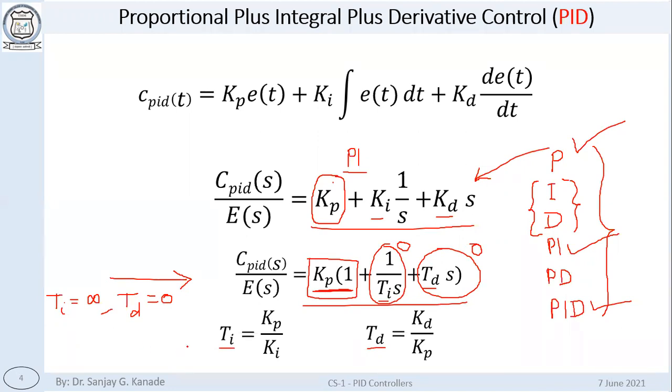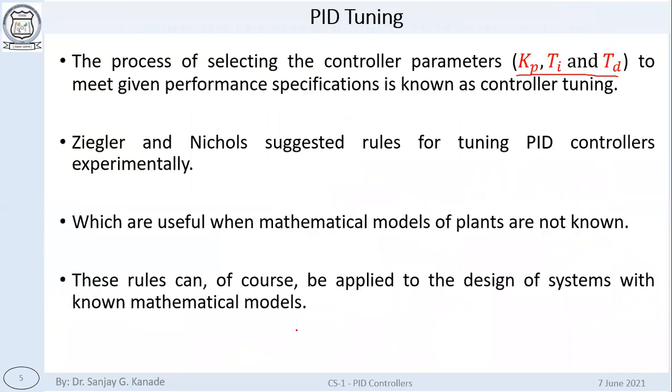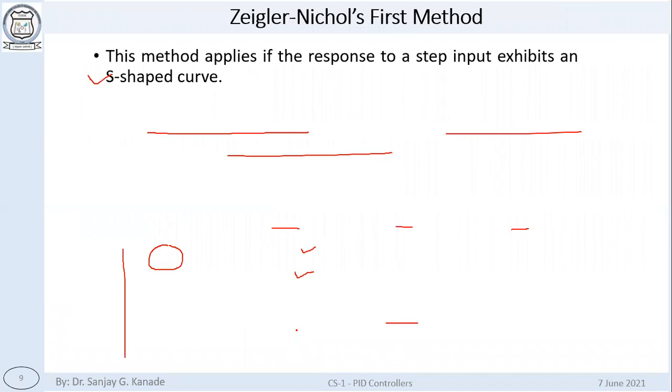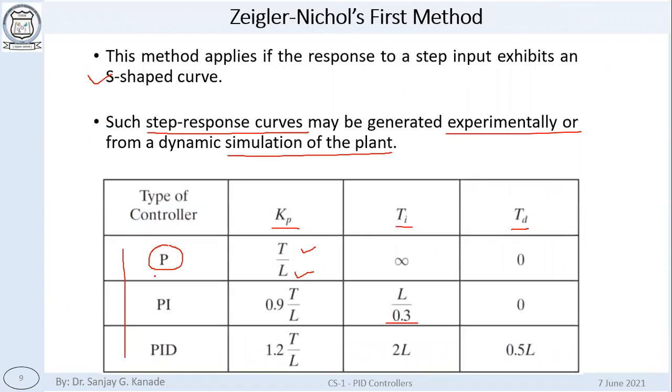So for a proportional controller, there has to be only the Kp value. That's what it is in the table also. For the proportional controller, we have only the Kp value. The Ti, Td are not going to contribute to the final output, meaning the integral as well as derivative components are absent.